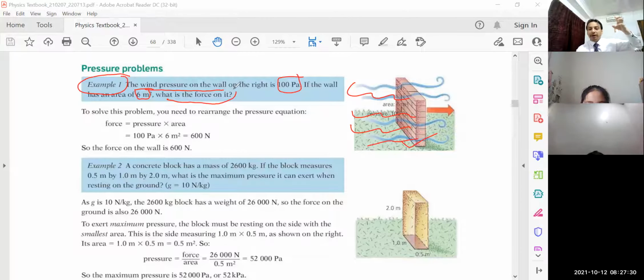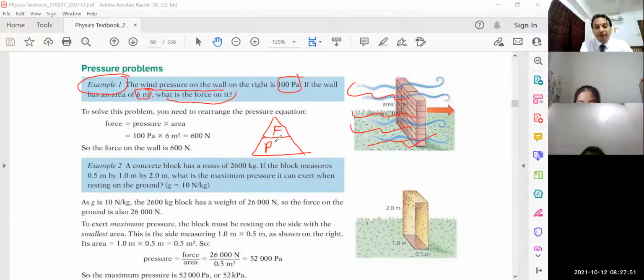Wind is exerting a pressure on the wall, but how much force is acting when pressure is given and another term, area of cross section, is given? You can remember, let me draw a triangle, with force here, pressure here, multiplied by area here. You can make a partition, one more partition here. So force is given by what? Pressure into area.